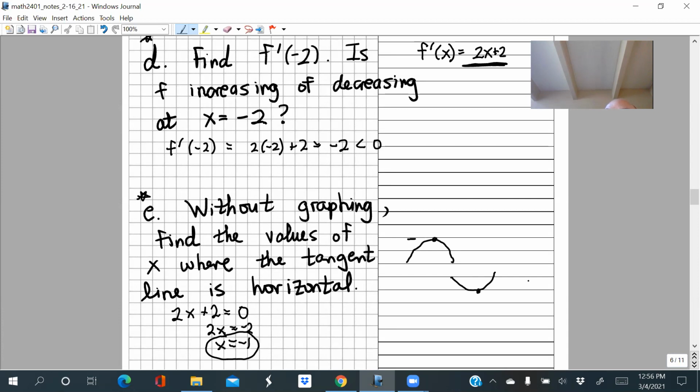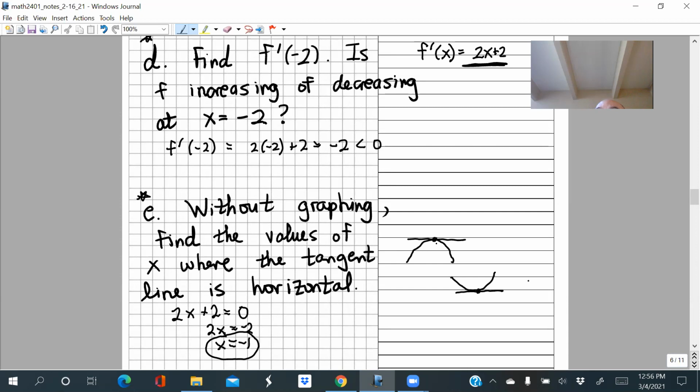That's where you're going to have a horizontal tangent line. So this means that at minus 1, we must have a local maximum or a local minimum.